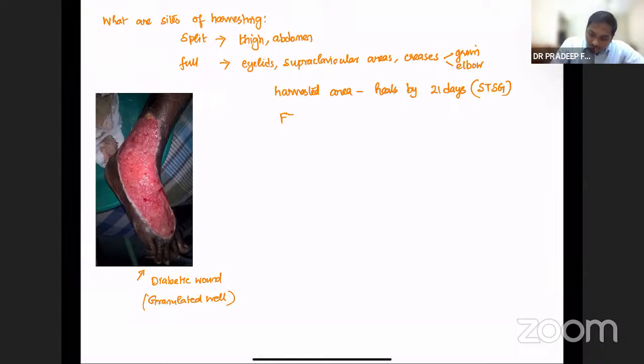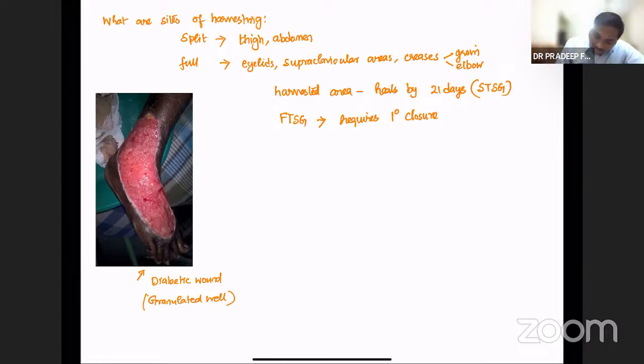Whereas full thickness skin graft donor areas require primary closure. So you cannot harvest a large amount of full thickness skin graft, or else the donor area cannot be closed primarily. Whereas a split thickness skin graft can be harvested for larger areas. This is one of the advantages.